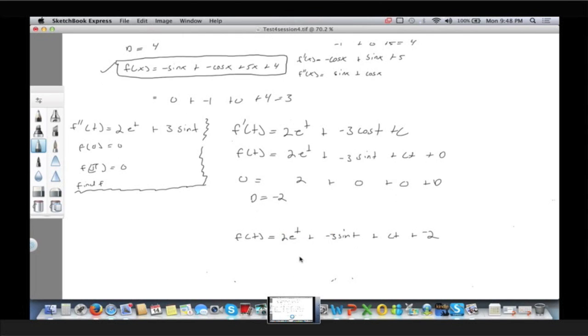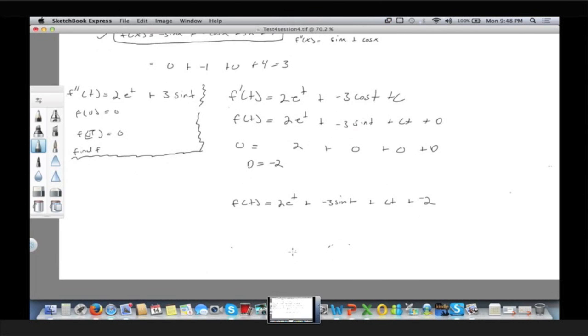Okay, good. So that's what we talked about, plugging the constant back into the function immediately. Good. Okay.